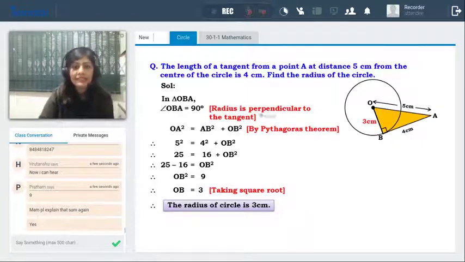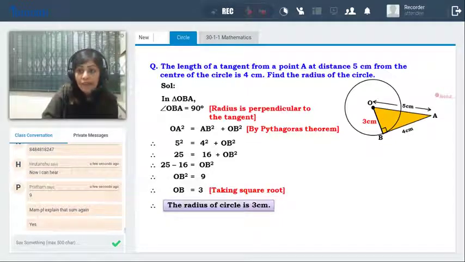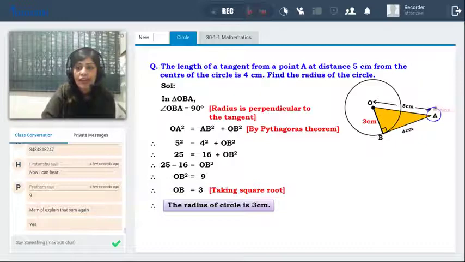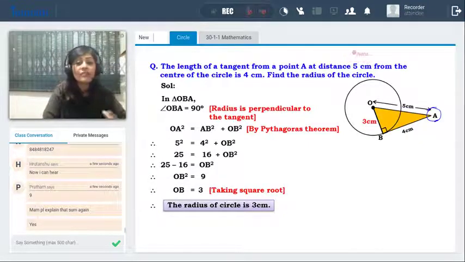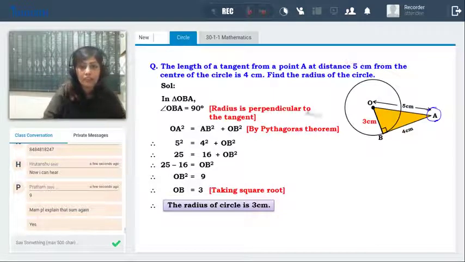So in this sum, it's given that length of tangent from A. Whenever you know it's from A, A has to be the exterior point. So from A, we have a tangent to the circle. AB is the tangent. Now, the length of tangent from a point A at a distance 5 centimeters. Students, the English formation of these statements needs to be understood properly.